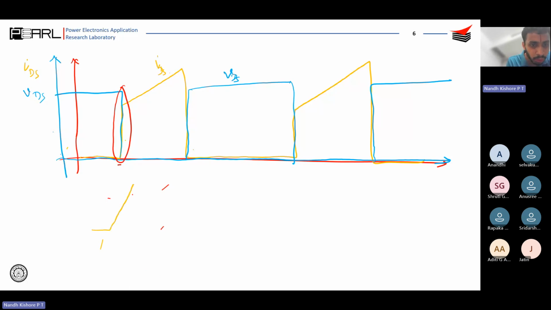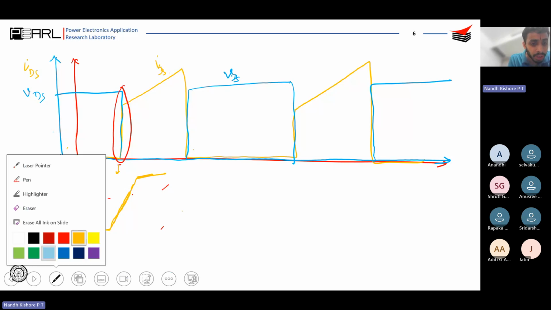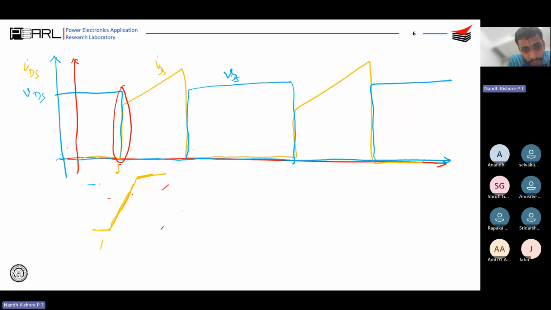So this is the zoomed in part. The device current will increase until it reaches the steady state value. The device voltage will not fall until your current has increased to the total value. You will study why later on, but you understand that the device current and the device voltage will be like this.